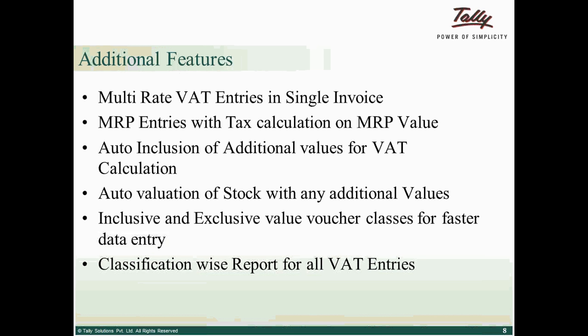When you're transacting, there will also be additional expenses incurred, like carriage or packing charges. The department tells you to pay tax including these additional expenses, so there is functionality to calculate VAT on these additional expenses. And there is auto valuation of stock, additional values, and inclusive and exclusive voucher classes.